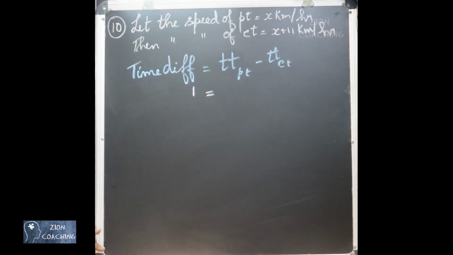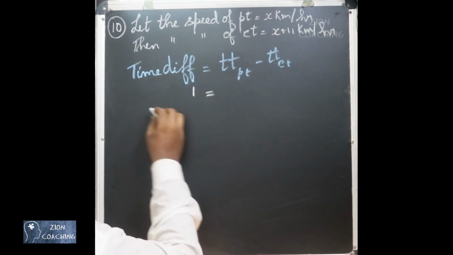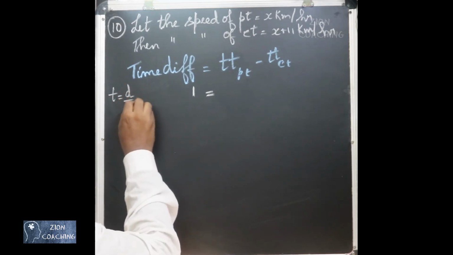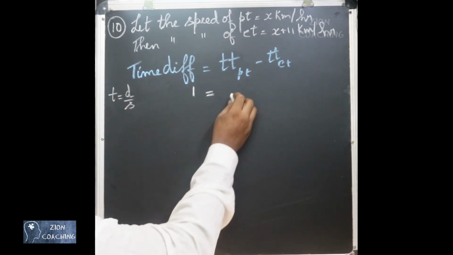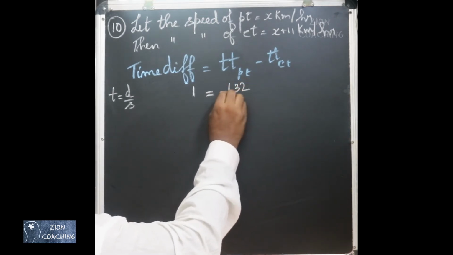So we are going to have 1 is equal to time taken by the passenger train, which is given by distance by speed. We have t is equal to d by s. Time taken is equal to distance by speed. The distance traveled is 132 km.